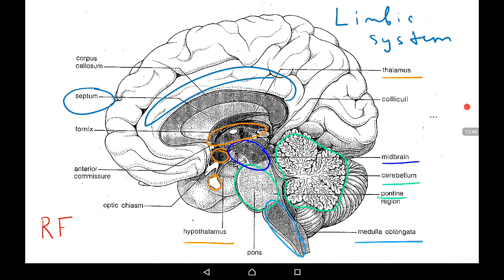The Diencephalon and Telencephalon, they produce the forebrain. So about Diencephalon we already have been speaking. Now Telencephalon. Telencephalon consists of two cerebral hemispheres of the cerebrum and their interconnections.